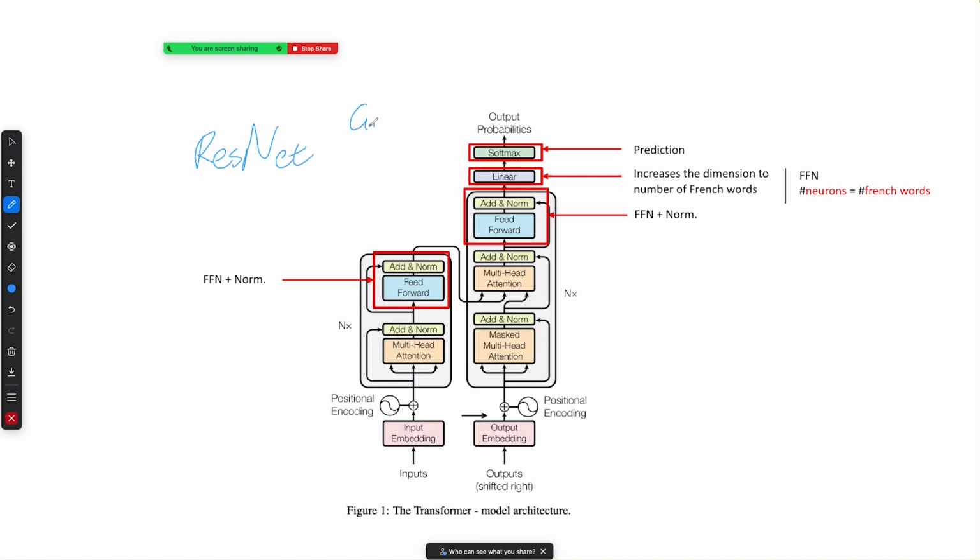It was developed by Microsoft, I think, in 2015, something like that. What it does is add a skip mechanism. So here, instead of only going to feed forward, you can skip this and add to something after the feed forward. The reason is that once you have so many layers, you get gradient explosion and gradient vanishing, as we talked about earlier. And this is a way to help your model still function very well.